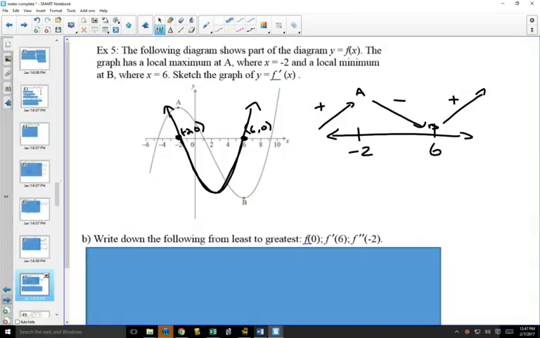I could estimate it, right? If I wanted to give an estimate for how far this goes, I could look at that point on my original graph, draw a tangent line, and say, I think the slope of that line looks like -6, or I think the slope of that line looks like -5, and then mark that at -5. That could be a way to get a more accurate graph.